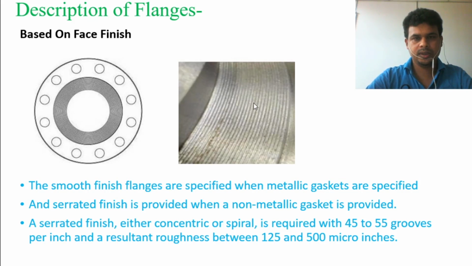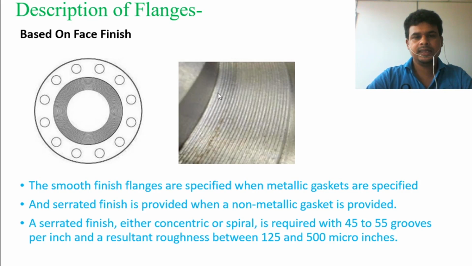I will try to make one more lecture only for the serration: how much is accepted, what the acceptance criteria are, how we are going to inspect the serration, and if the serration is damaged, how we are going to repair it, and the inspection and acceptance. I will make one lecture only for serrated flanges. The serration is required to have 45 to 55 grooves per inch.